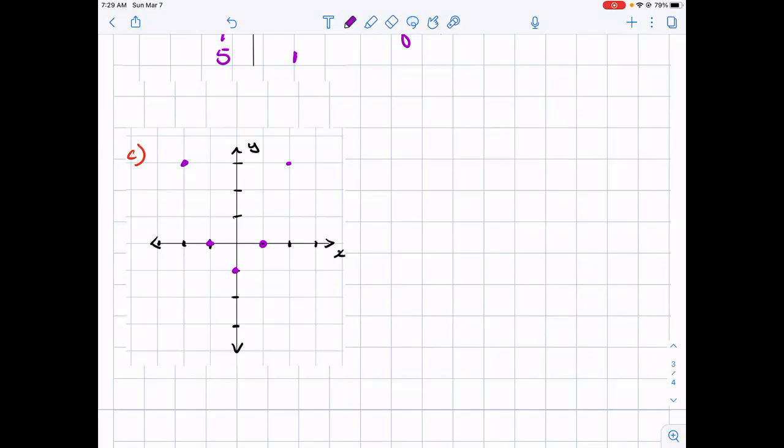So this does describe y as a function of x, right?